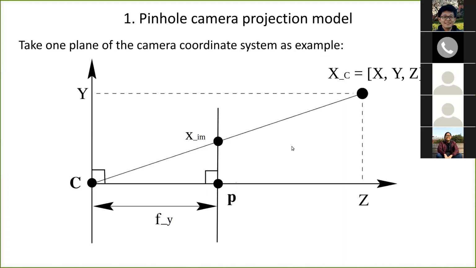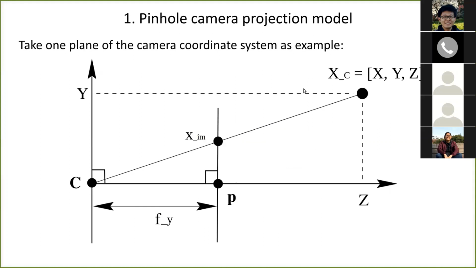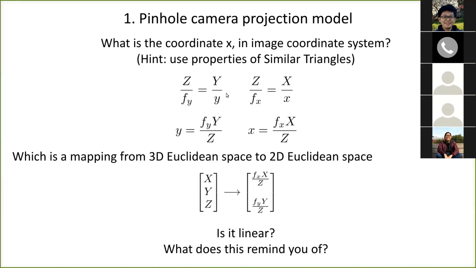So if we just look at this plane, YCZ, of the whole camera coordinate system, we'll have this similar triangle. By the properties of similar triangles, we will have this relationship: Z over Fy is equal to Y over y, right?